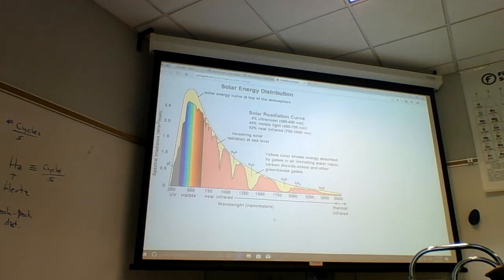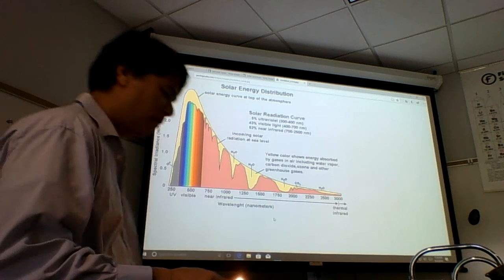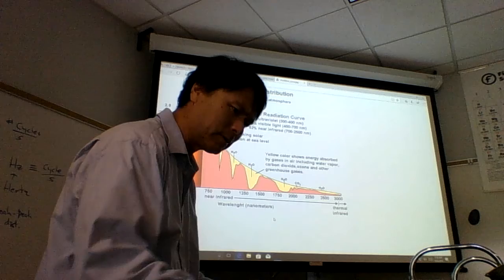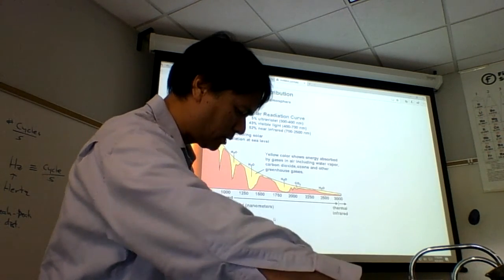Metals have electrons too, but the metal's electrons aren't as loosely held as the electrons in a plasma. Looks like somebody was burning some salt here. I don't know, there's some kind of contamination on the surface of this.